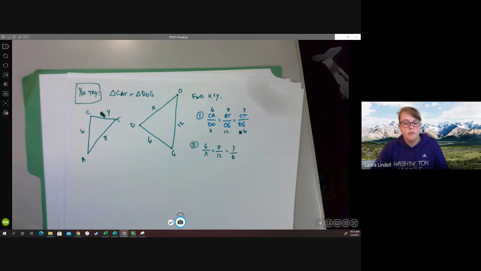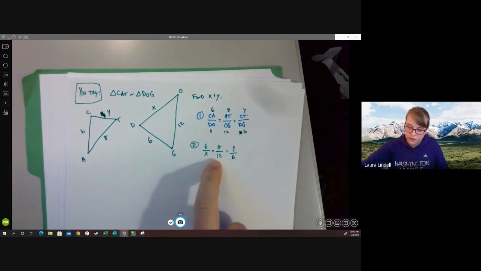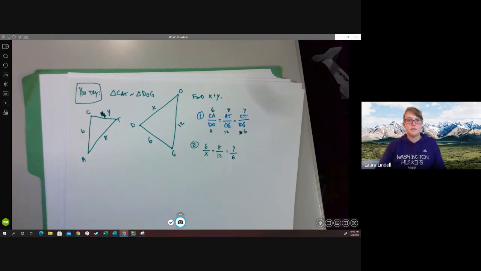All right, if you filled all of your proportions in, that's what they should look like. 6 over X, 8 over 12, Y over 6. So you're on the right track if that's where you ended up. Then you've got two different methods to choose from at this point, the proportiony algebraic way or the scale factor way, or the similarity ratio way.